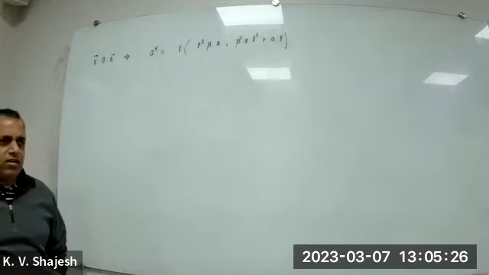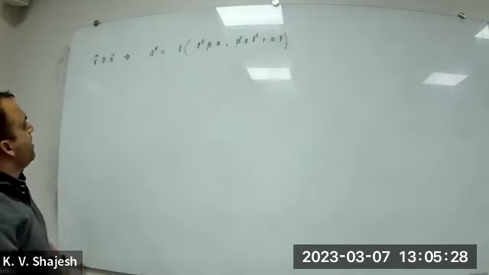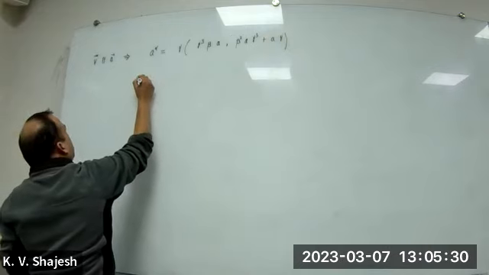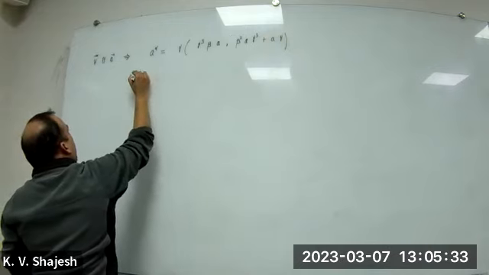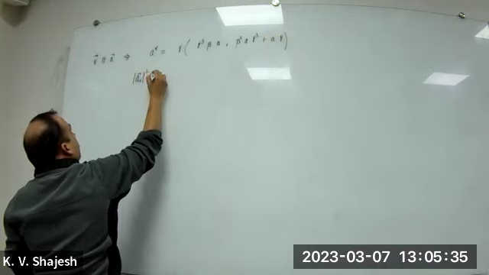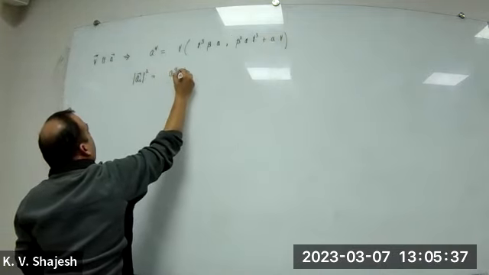Is that clear? But I'm interested in the proper acceleration squared, which is equal to the A alpha.